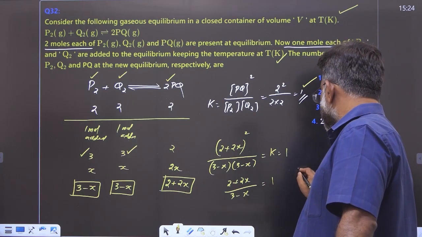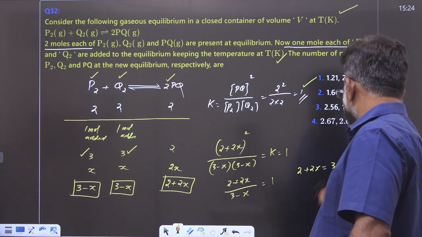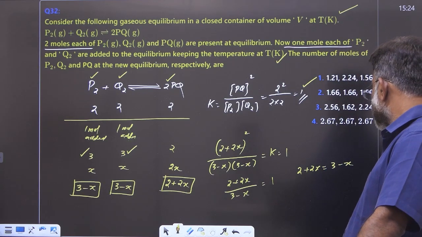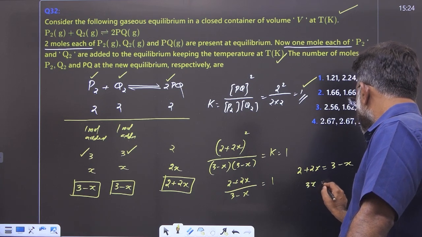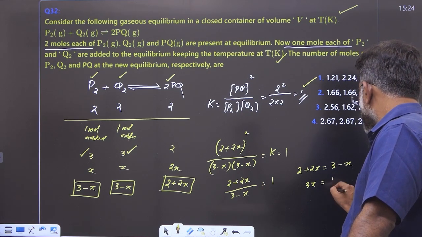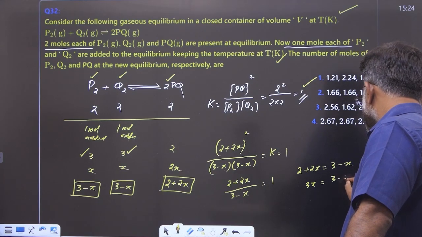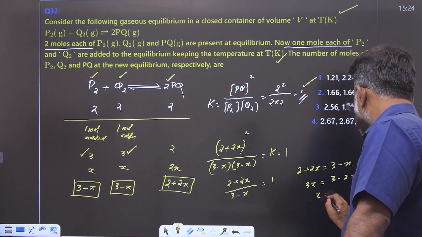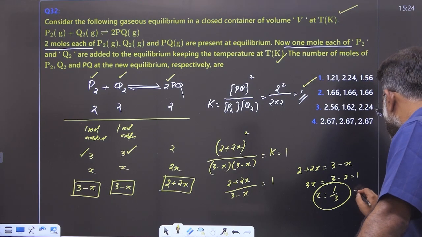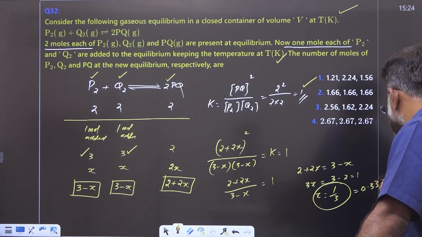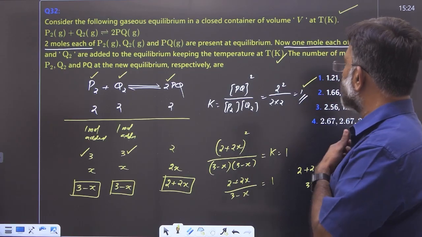That means you get 2 plus 2X equal to 3 minus X. X coming to this side, 3X equal to 3 minus 2, that is 1, X equal to 1 by 3, that is 0.3333, that is X.